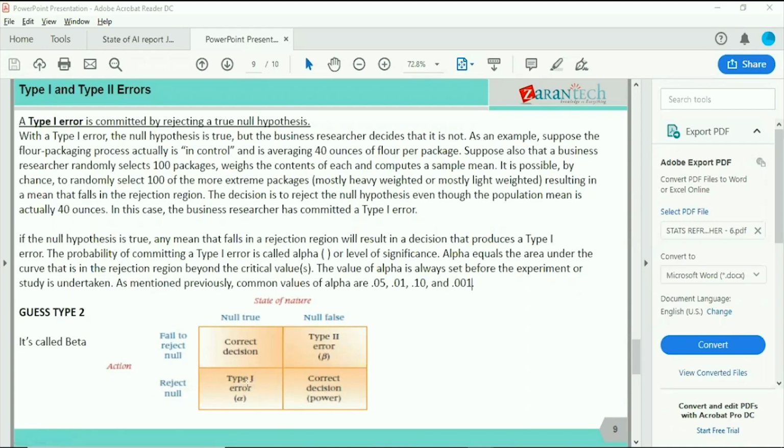So what is a type 1 error? The state of nature is actually true, but then you are saying it is wrong. So love is not equal to indifference, right? There is a difference between hatred and indifference. There is a small gap between them.